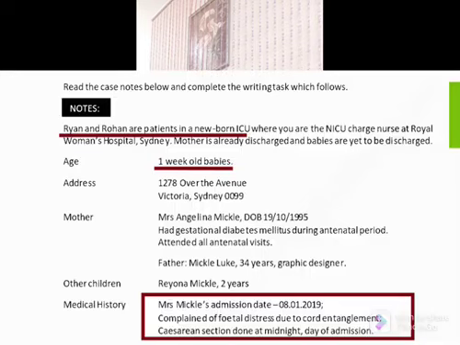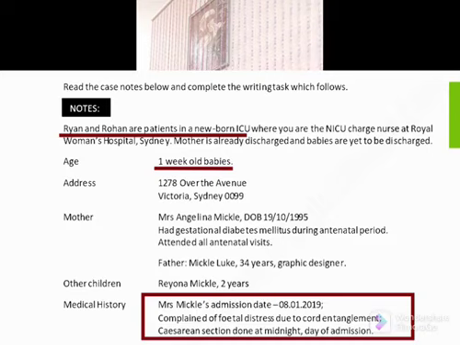So first of all, I will read you the case note. Here we have two twin babies, Ryan and Rohan. They are the patients in a newborn ICU, where you are the NICU charge nurse at Royal Women's Hospital, Sydney. Mother is already discharged and the babies are yet to be discharged. They are 1 week old, and the address given is 1278 Overwood Avenue, Victoria, Sydney 00099.